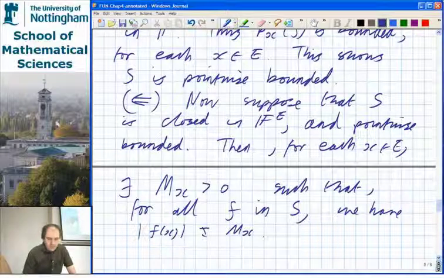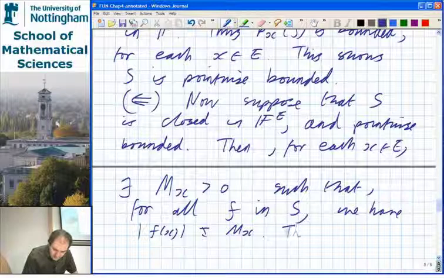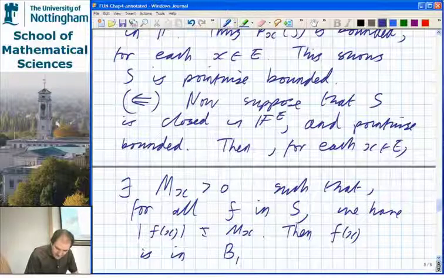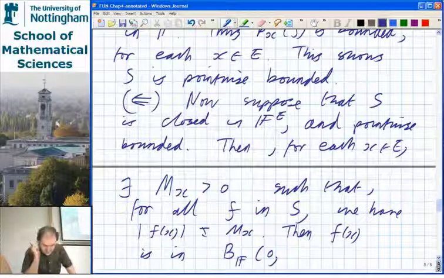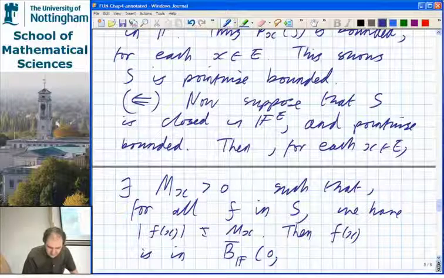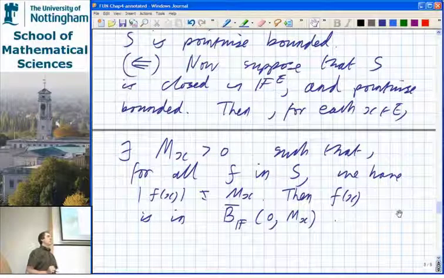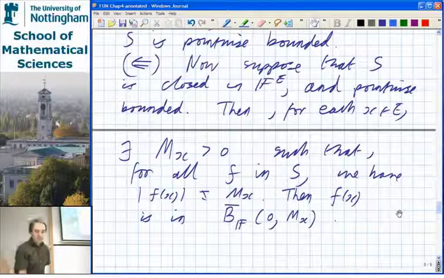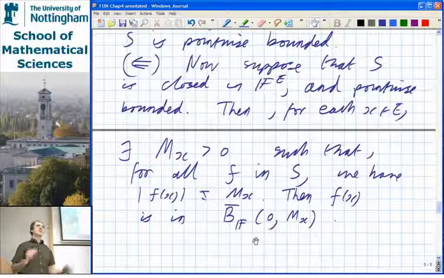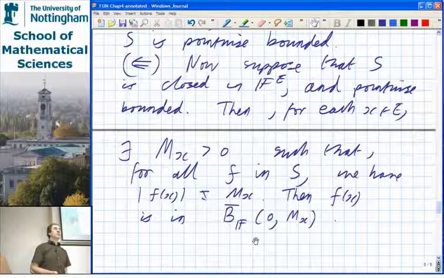Now, this tells you f of x is in the closed ball in the scalar field F, centered on 0, radius m_x. Now, that could be a closed disk if it's the complex numbers, or it could be a closed interval if it's the real numbers, but it doesn't matter, it's compact anyway by the Heine-Borel theorem.